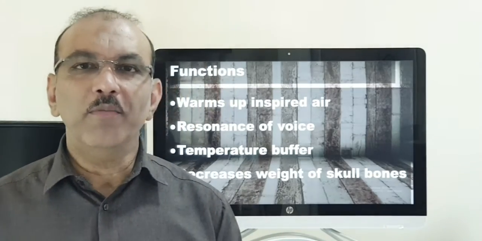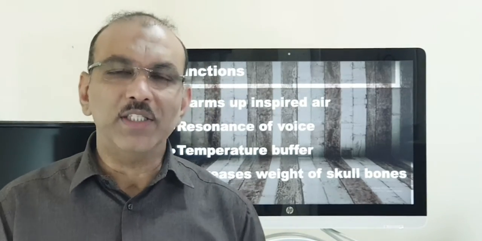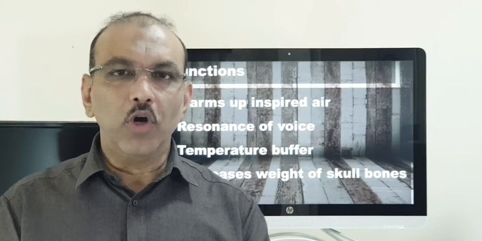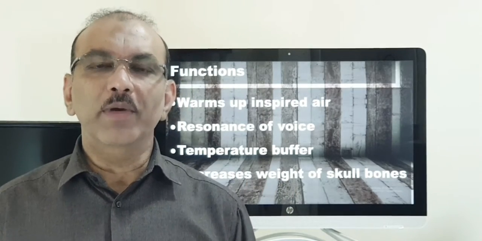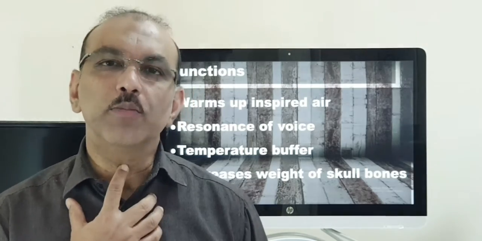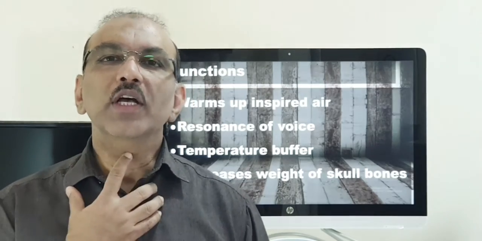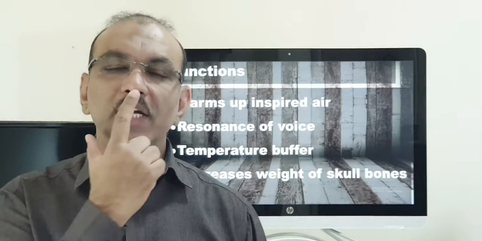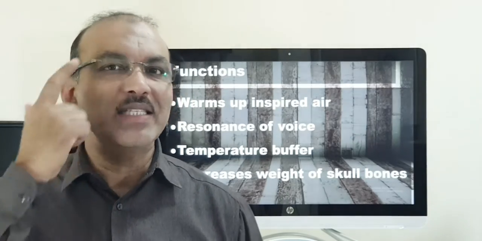The second important function is, there are so many functions, I just picked up a few for common information. The second is voice resonance. Voice production is in the voice box, as you all know. Here this whole unit starting from the nose up to the vocal cord is a single unit.